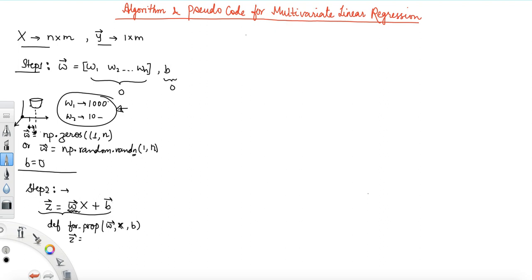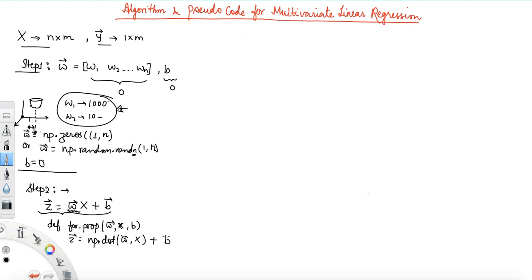Now in numpy, whenever we need to multiply vectors with a matrix, we can put np.dot for matrix multiplication, and here we have w and x, w vector times x, and then we need to add this b.